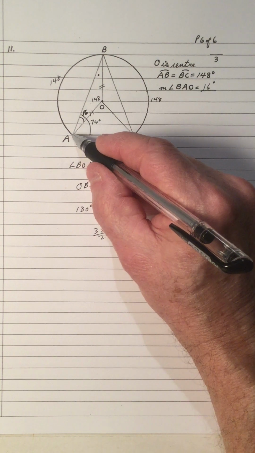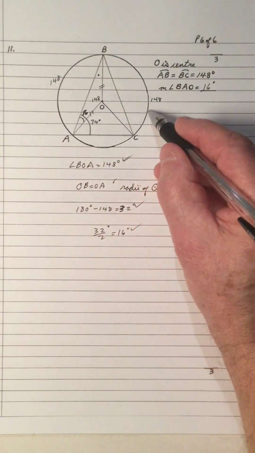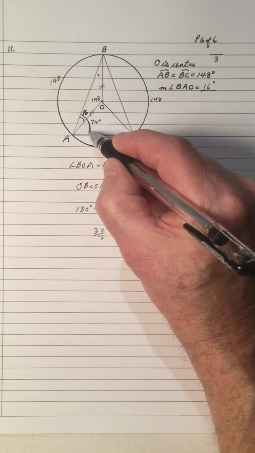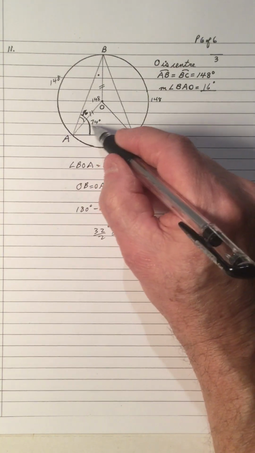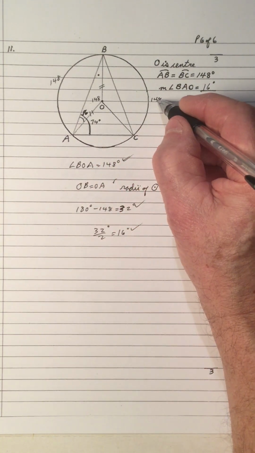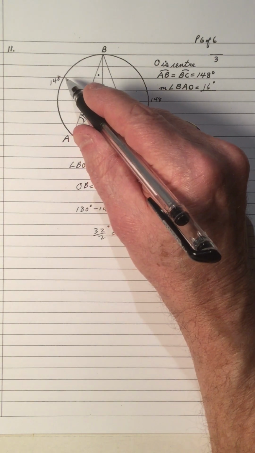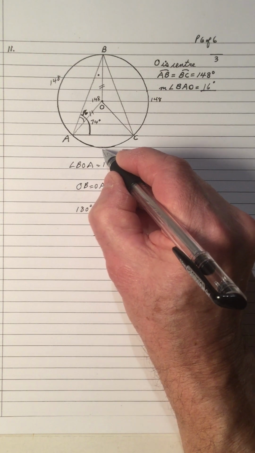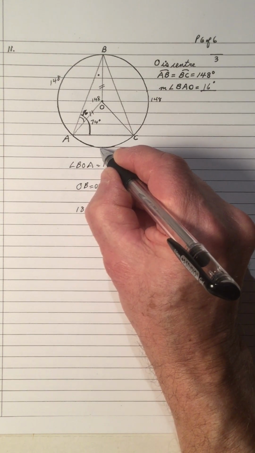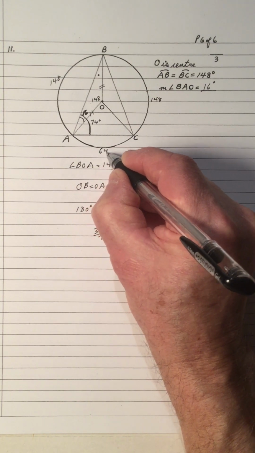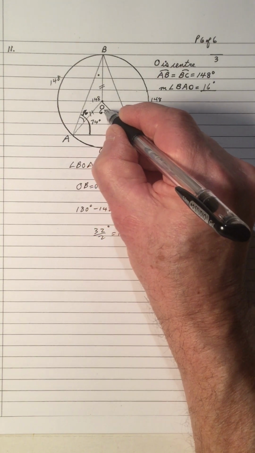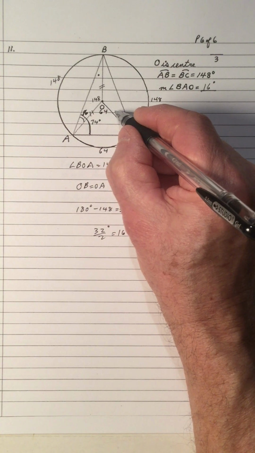This inscribed angle, BAC, is intercepting this arc, so it's half of the arc, which is 74. Now, that's 148 and 148. That makes 296. So that means the arc AC is 64. If that arc AC is 64, this central angle is 64, same size.